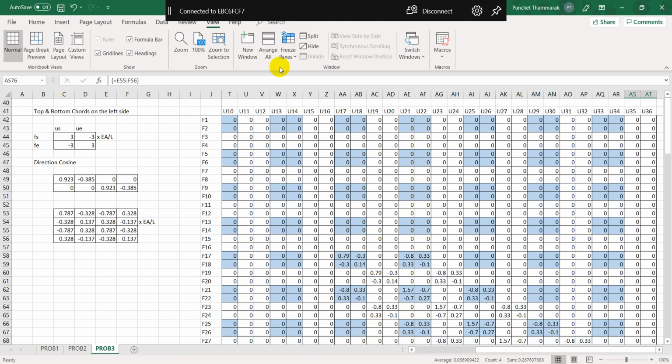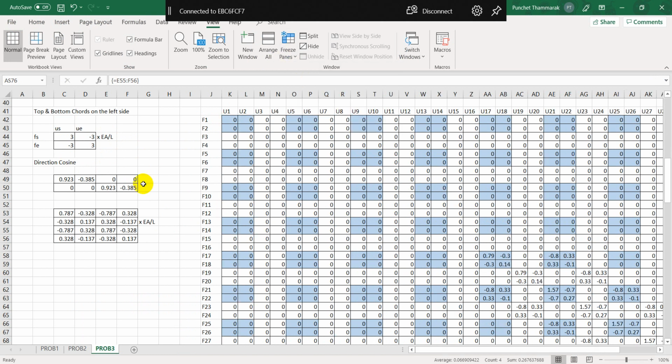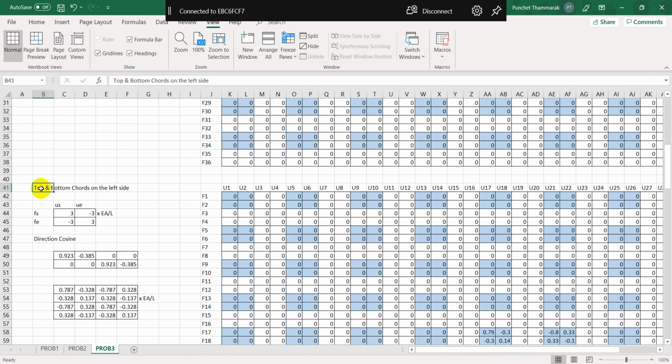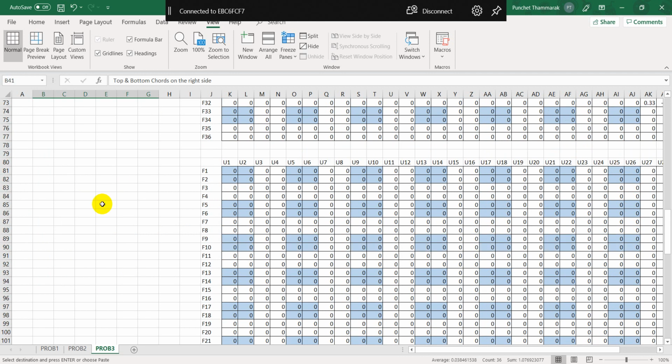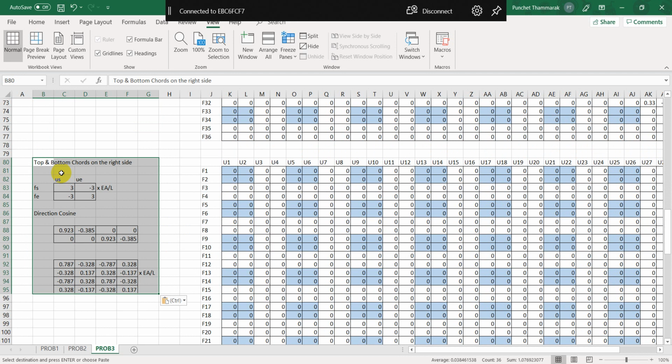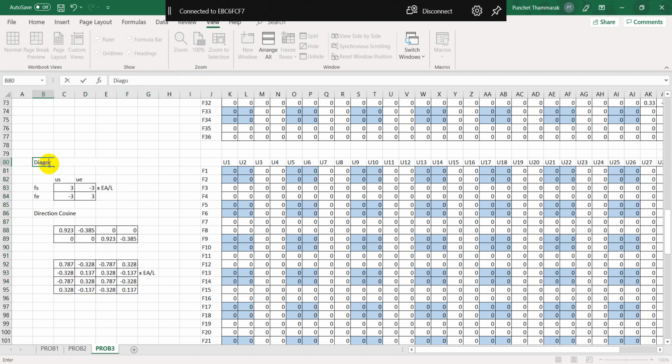I need to unfreeze the pen. Yeah, okay. So this is top and bottom chord on the right side. Diagonal member on the left side.